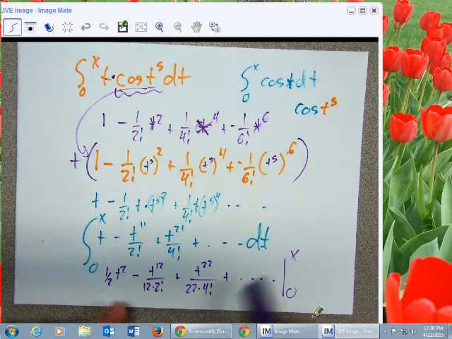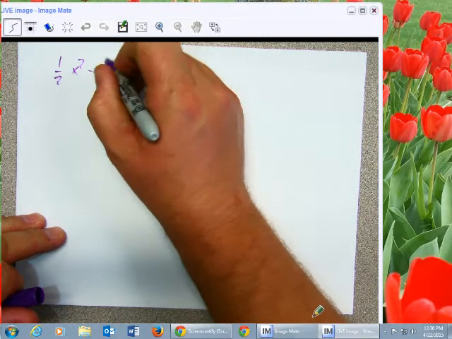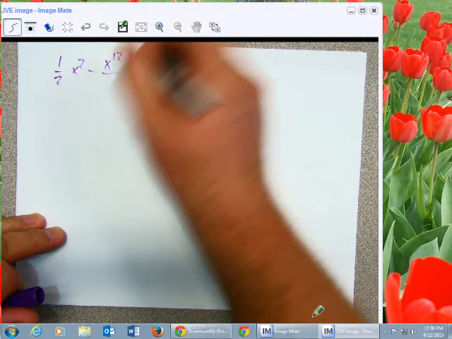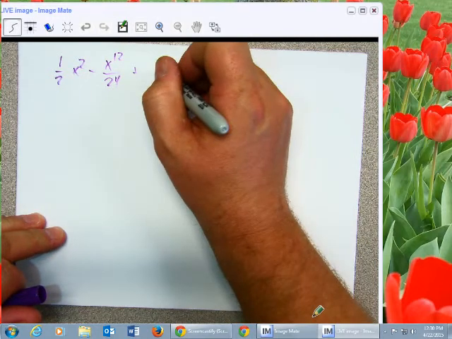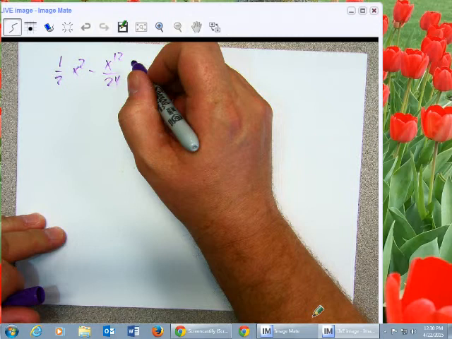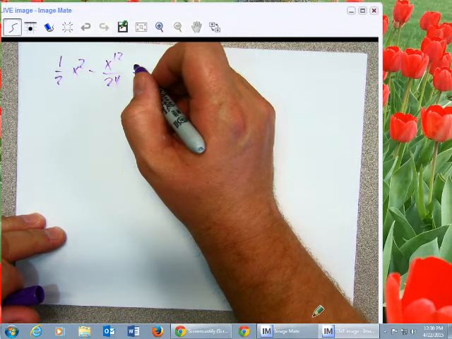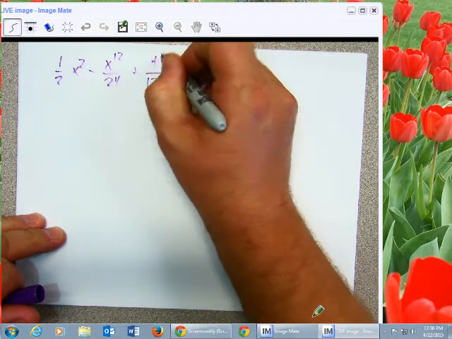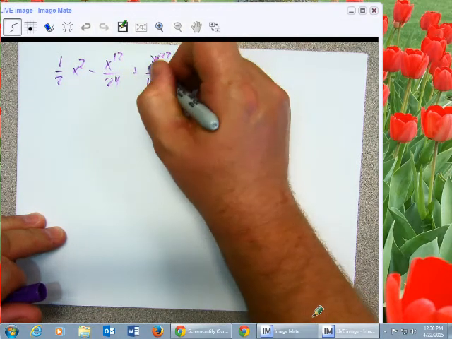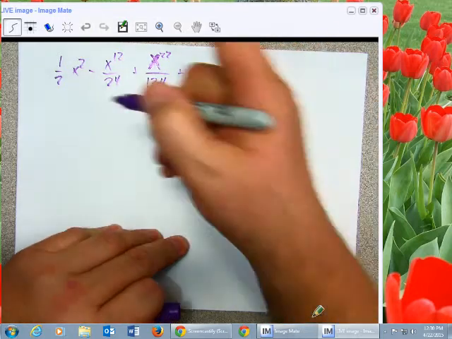The upper bound is x, so we throw x's in. 1/2 x squared minus x to the 12th over 24 in this case, plus x to the 22nd over 6 times 22, plus dot, dot, dot, minus shoving zeros into everything.